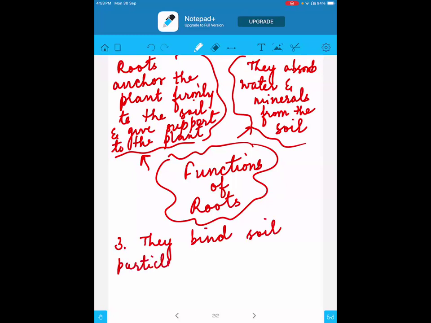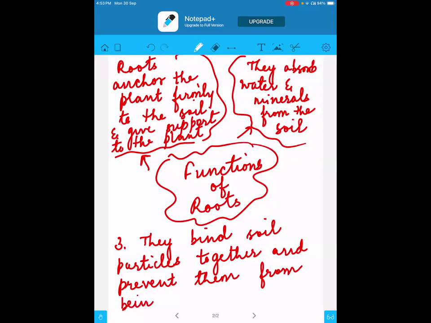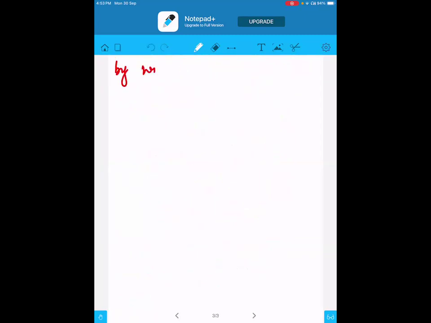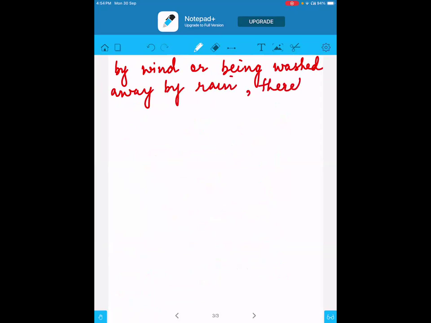Whatever soil particles are there, they bind them together and prevent them from being blown away by wind or being washed away by rain, and because of this they prevent soil erosion.